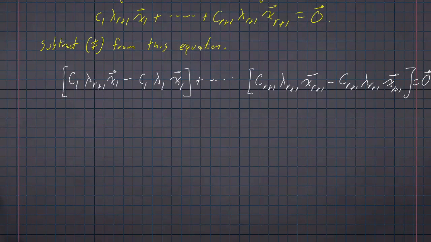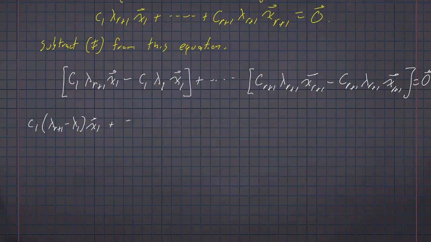At this point, I have to start introducing some more of the intermediate terms. So notice here I can factor. The c is the same, the x is the same, so I'm really just subtracting the stuff in the middle. I have c1 times lambda r plus 1 minus lambda 1 times x1.